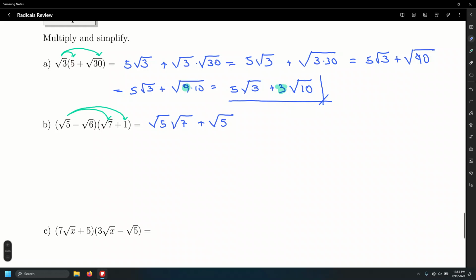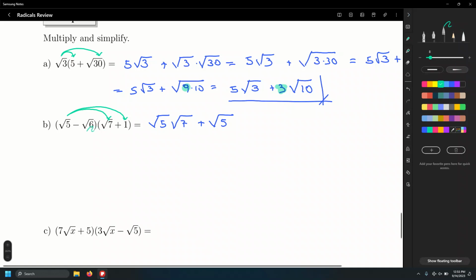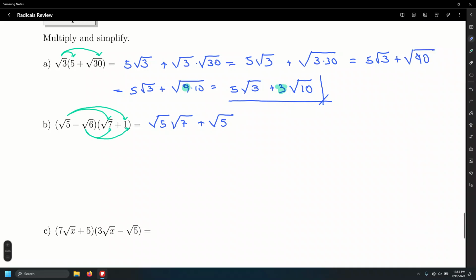Then let's do the distribution for the second part of the foiling, that is negative root of 6 times the square root of 7, and negative root of 6 times 1. That'll give us minus square root of 6 times the square root of 7, and negative square root of 6 times 1, which is just negative square root of 6.